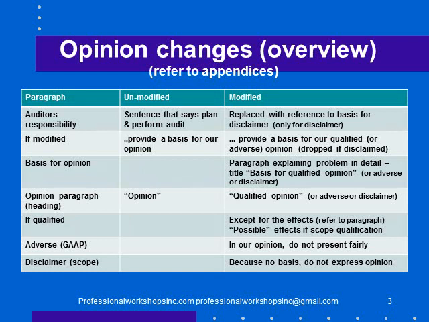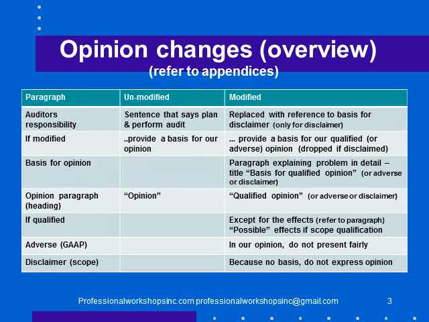There is a sentence where we say that we plan and perform the audit, and that sentence is unchanged for all 3 except for a disclaimer where we provide a reference to the basis for the disclaimer. We say, this is why we've disclaimed our opinion.